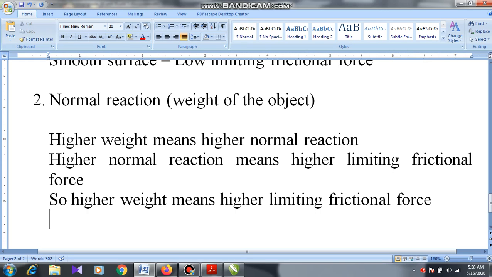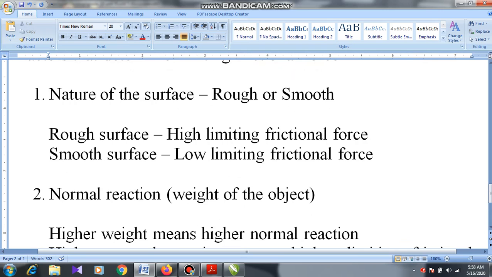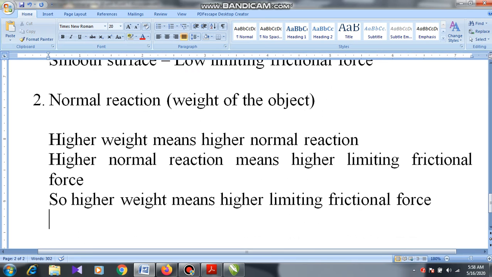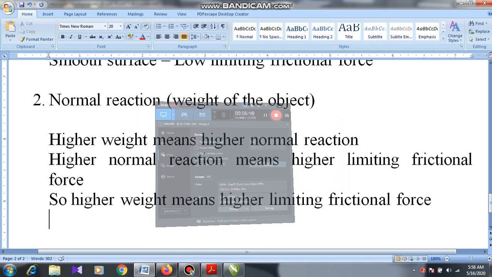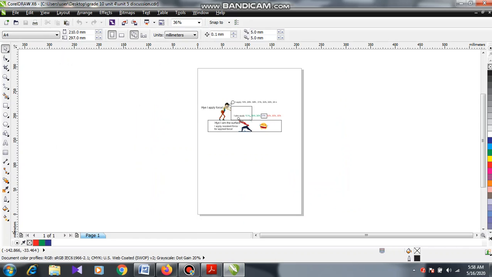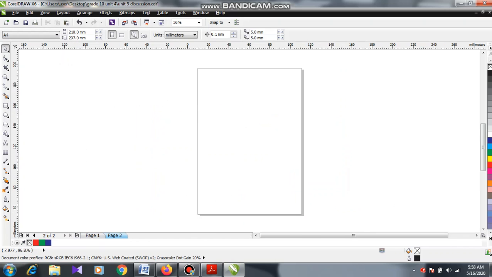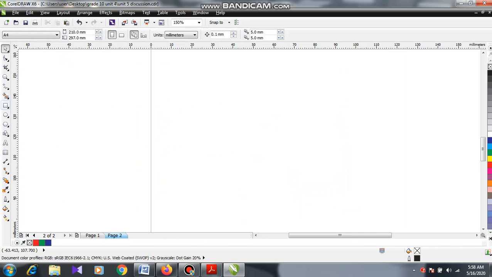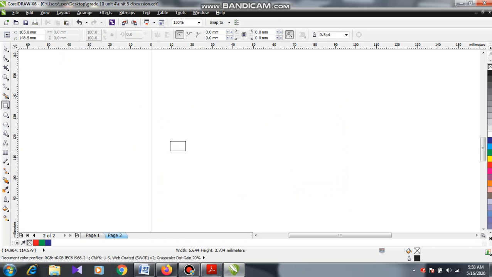At the same time, I am going to give you two diagrammatic ideas under every point. When you speak about the nature of the surface, under it you draw that diagram. Under the normal reaction, you draw another diagram there. So the first diagram: I am taking two surfaces.